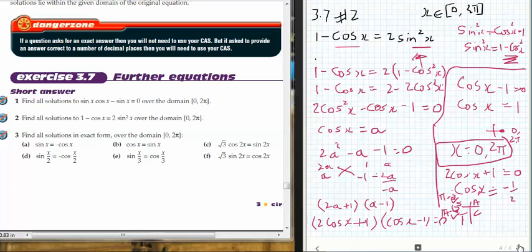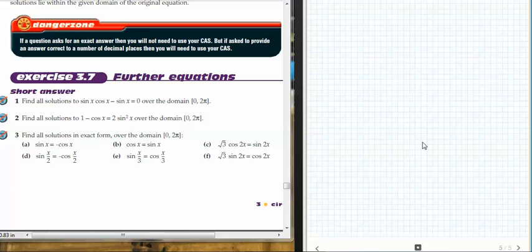Therefore x is going to equal, I've got cos of x equals negative a half, and theta is pi on 3.